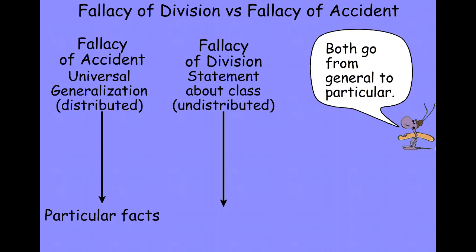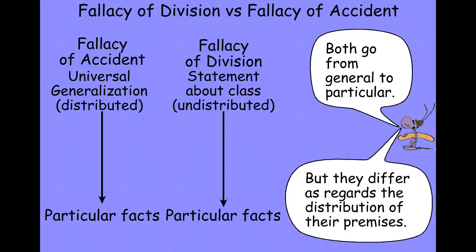Fallacy of division goes from that property had by the whole of the collection to say that each of the individual parts has that property. And of course, if a picture is beautiful, that doesn't mean that every component of the picture in and of itself is beautiful. The wood or the canvas on the backside isn't necessarily beautiful. So we can distinguish between fallacy of accident and fallacy of division using that distinction between distributive and collective predications.